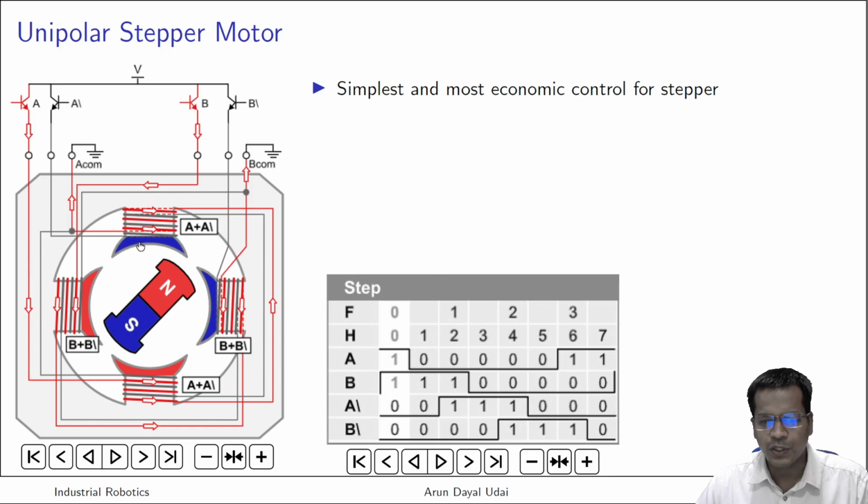This pole becomes south and it is grounded. So A makes this one north and this one south. Got it? What about A bar? A bar will make this one north and this one south pole, and this one as north pole, this one as south pole. Similar is the arrangement for B and B bar, related to these two poles. B will make this north, this south. B bar will make this one north and this south.